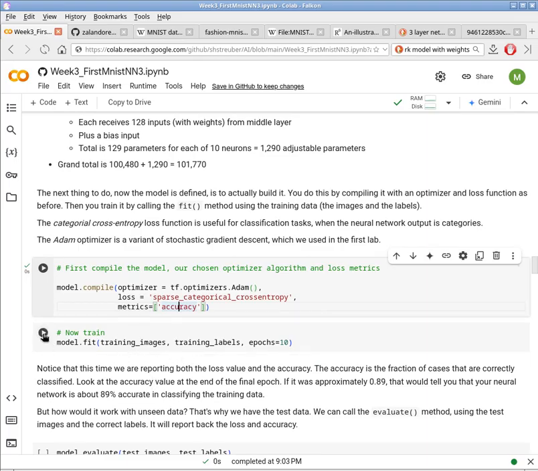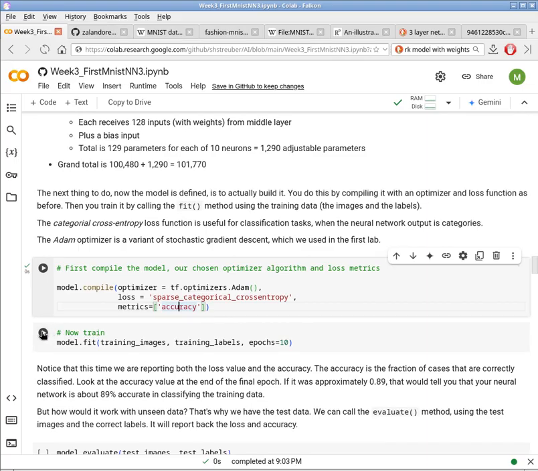Now this is going to run 10 epochs. Here are the training images, the 60,000 by 28 by 28, and here are the 60,000 categories, one for each 28 by 28 image. We're going to do this for 10 epochs, 10 times through all 60,000.